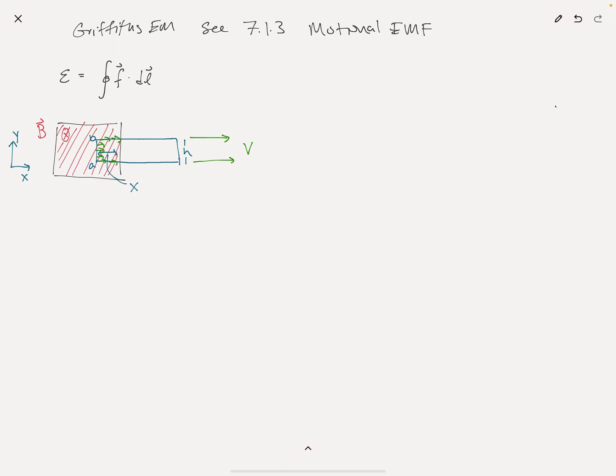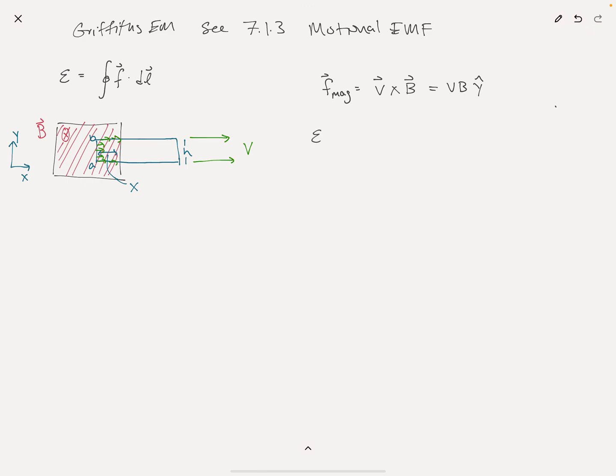Then I can define a magnetic force that everything is going to feel as the cross of the velocity with the magnetic field. I have the magnitudes here of v and B, and the direction is given by the right-hand rule: v to the right, B in, and that means that is y hat, up.